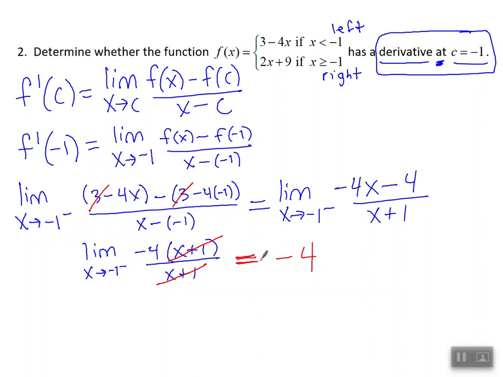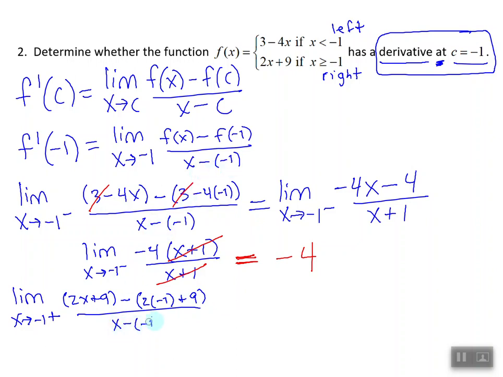That was the first side. Let's do the second. From the right, we're using that expression. Limit as x approaches -1 from the right. This time our f of x is 2x plus 9 minus our f of -1 means we're plugging -1 into 2x plus 9 over x minus -1. Let's see how we can clean this up. We've got 9 minus 9.